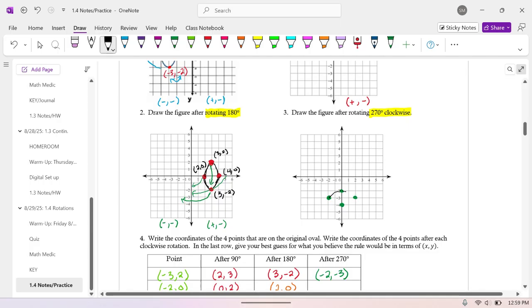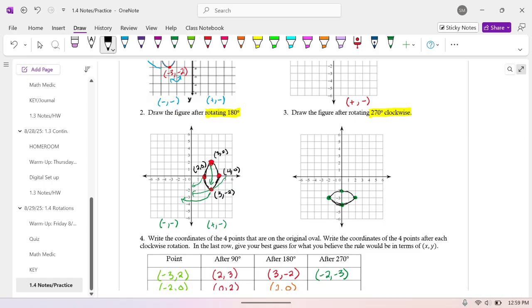So our figure will look like this. So this would be 0, negative 2, 2, negative 3, 0, negative 4, and negative 2, negative 3.